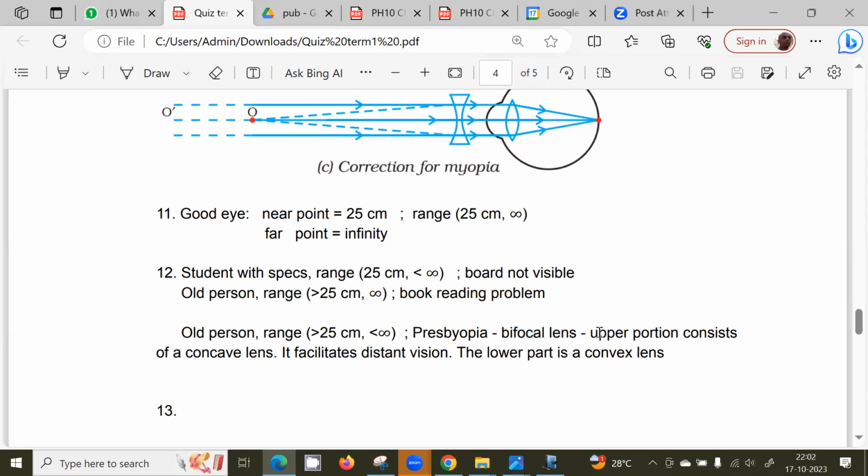So for that, he has to use a bifocal lens. Here the lower part will be for reading the book, which will be a convex lens, and the upper part will be for distant viewing, which will be a concave lens. This defect is called presbyopia.